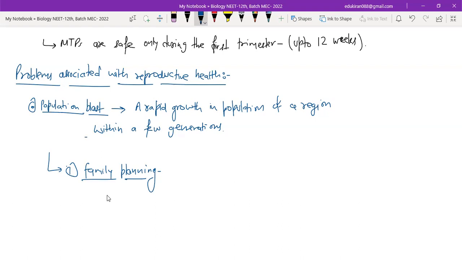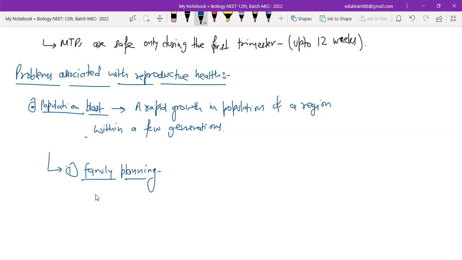Plan the birth of the kids and a proper gap between two births. So family planning has good impacts both on the population curve and also on the health of the mother and the child, correct? So we understood how it can help the population curve. How can it help the mother and the child?